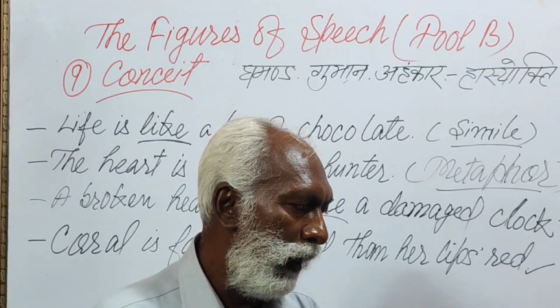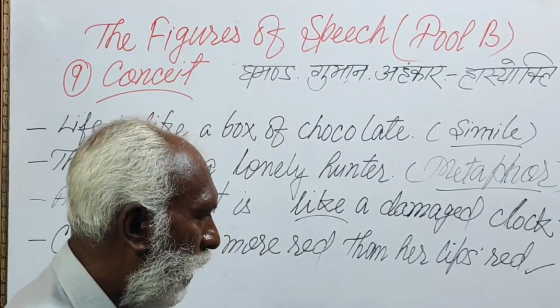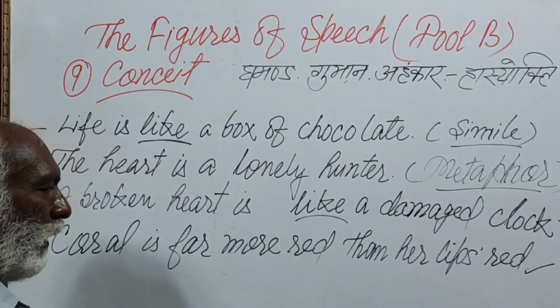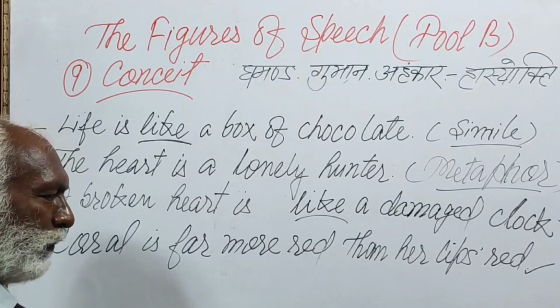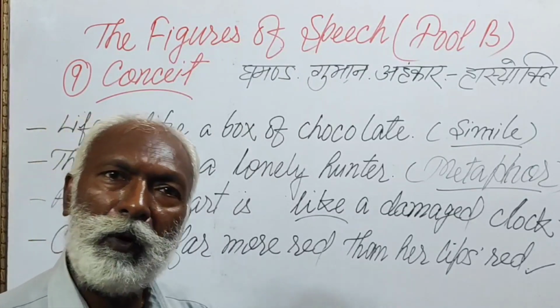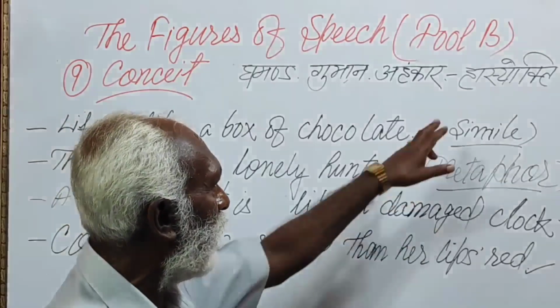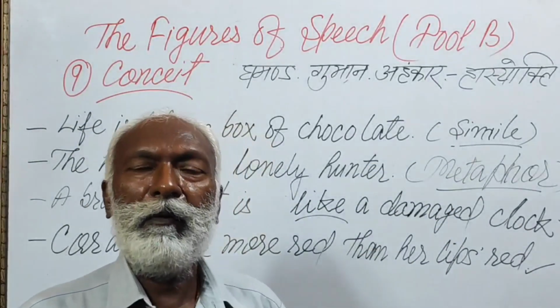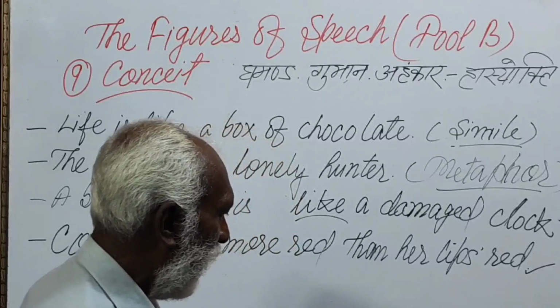Dissimilar objects or idea or concept or fact or situation or object, very dissimilar from each other. In spite of it, comparison using simile or metaphor, comparison is done. Okay, comparison is expressed.